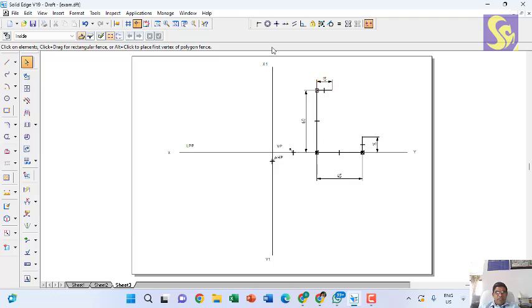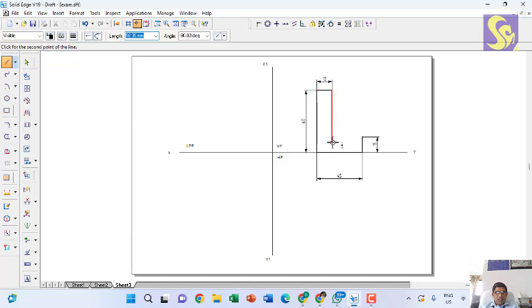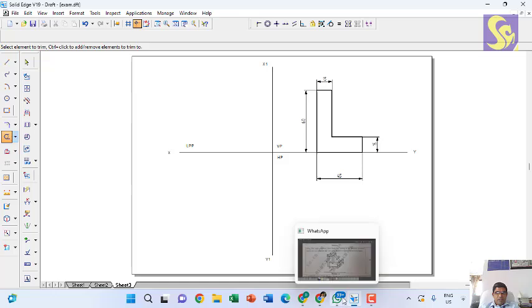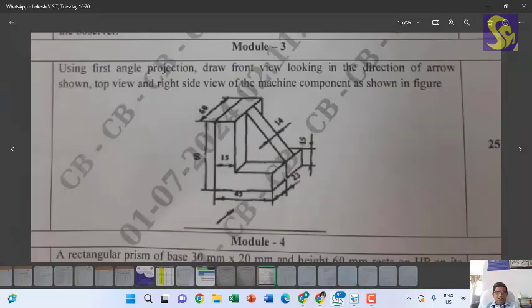Now I have to extend this. I'll just draw like this, two lines and trim off. So this is this part, and now I'll be having this inclined line.